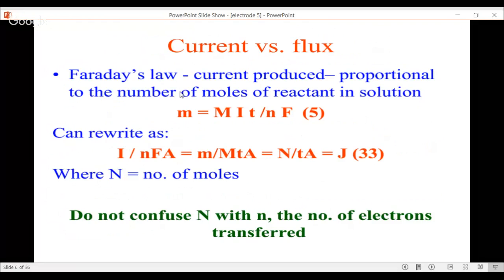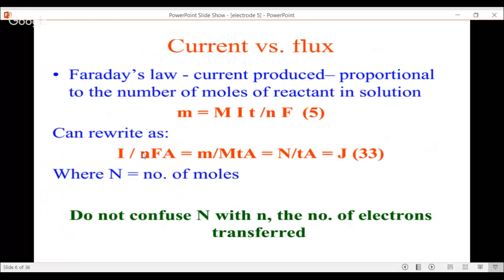Faraday's law: the current produced is proportional to the number of moles of the reactant in solution. M, the mass, is molecular weight times current times time divided by n, the number of electrons, times F, the Faraday.